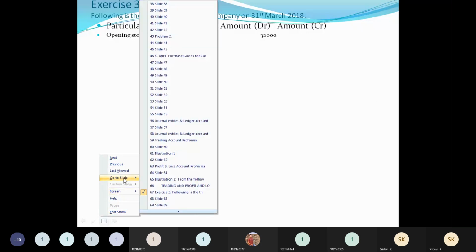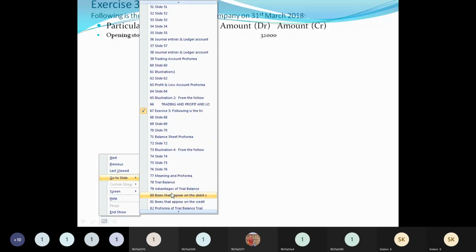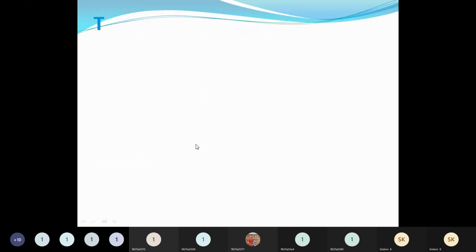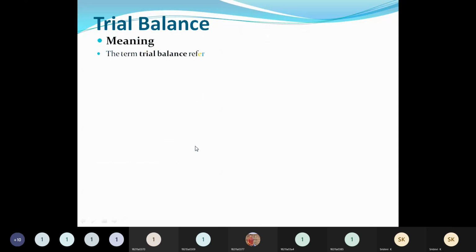I will show you what are the items that you are going to use in showing the trial balance. Actually, why this trial balance is prepared is to identify whether all the debits of the company are equal to the credits of the accounts.